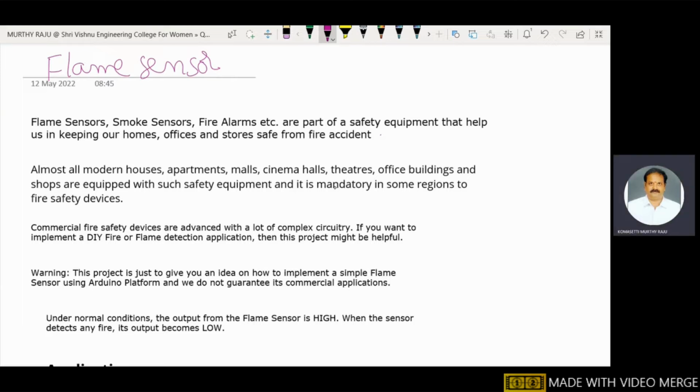Generally, flame sensors are used to detect fire accidents in factories, offices, homes, stores, etc. The main function of the flame sensor is to detect the fire accident.